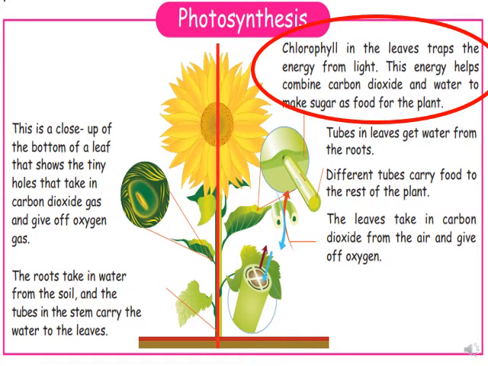So we need light because the chlorophyll will get the energy from the light. This energy will combine carbon dioxide, CO2, with water, H2O, to make the sugar as the food for the plant. So this is the importance of the chlorophyll.